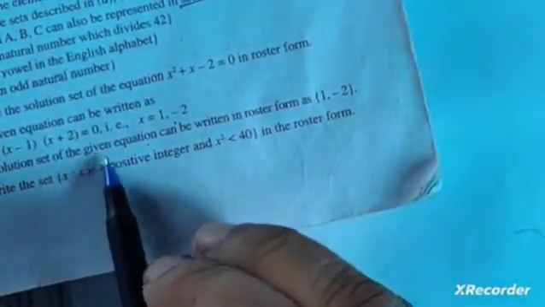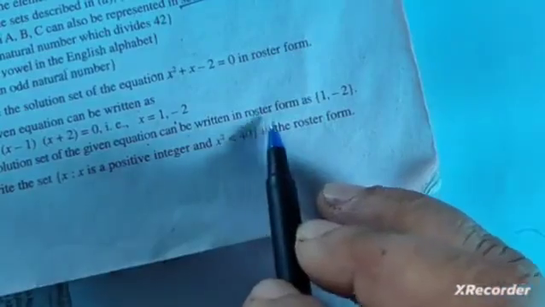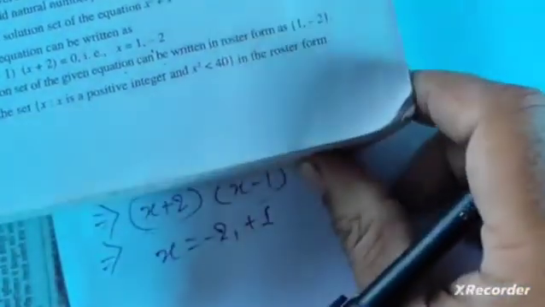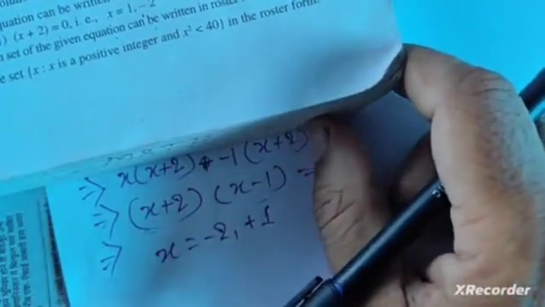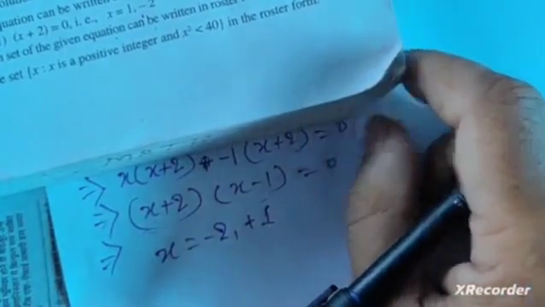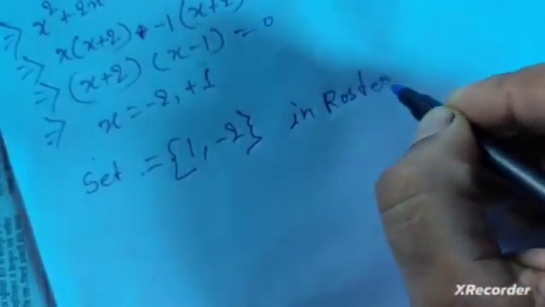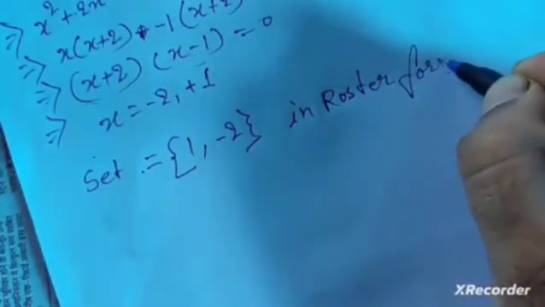Therefore, the solution set of the given equation can be written in roster form as: the set is equal to {1, −2} in roster form.